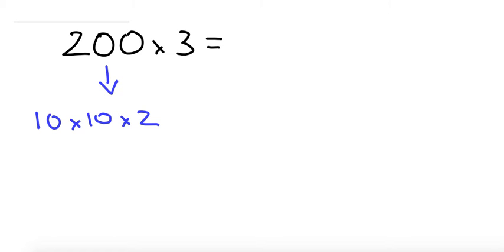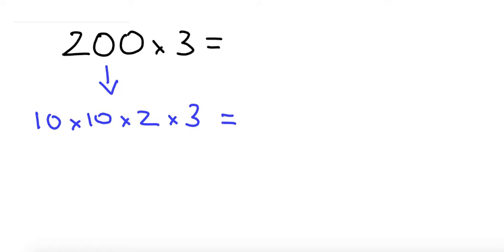So, therefore, 10 times 10 times 2 is 200, and if we multiply that by 3, then we'll have the same answer as 200 times 3. So essentially, this expression is equivalent to this expression.